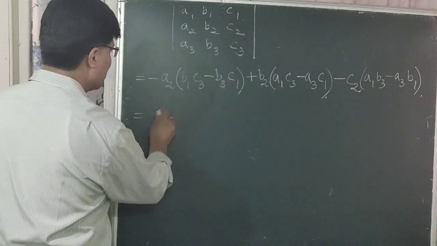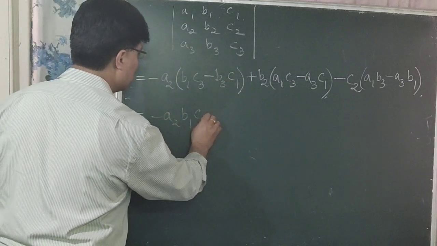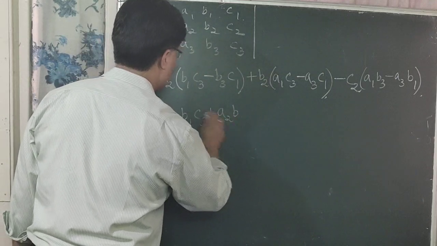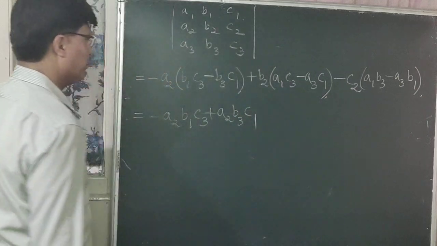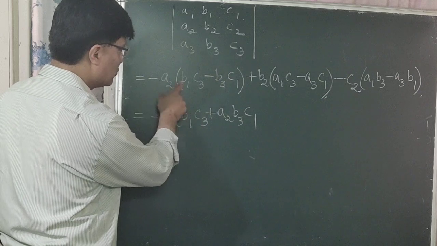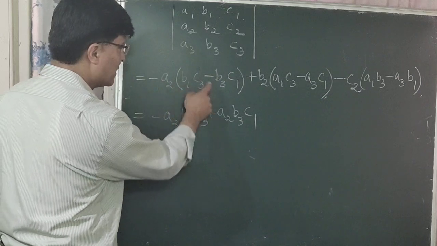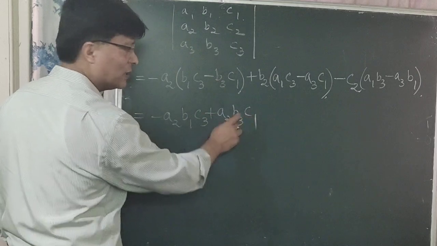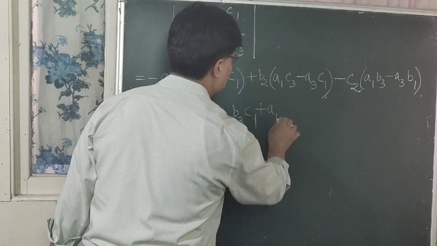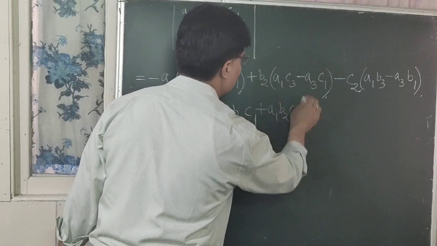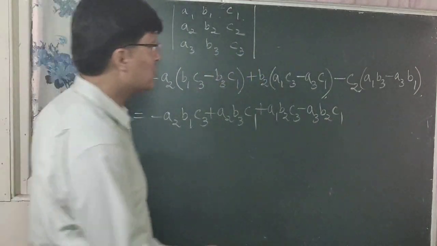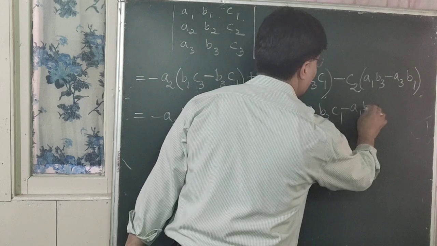So which is equal to, multiply them: minus A2 B1 C3, minus into minus plus A2 B3 C1, plus यो पनि हामी ABC गर्दै लेख्छौं: A1 B2 C3, plus and minus minus A3 B2 C1, minus C2 ले multiply गर्ने A1 B3 C2.